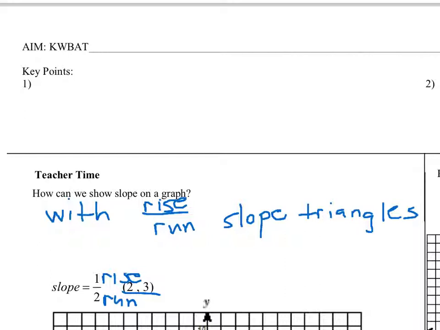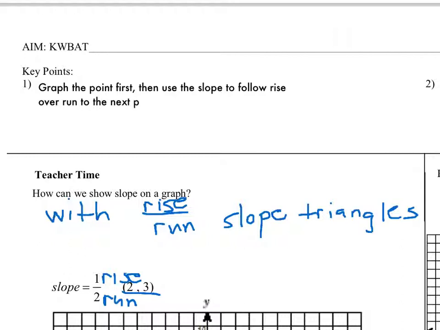Graph the point first. Then use the slope to follow rise over run to the next point. Perfect. Couldn't have said it any better myself.